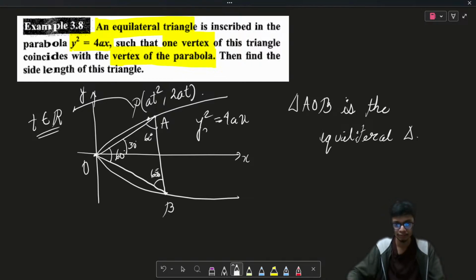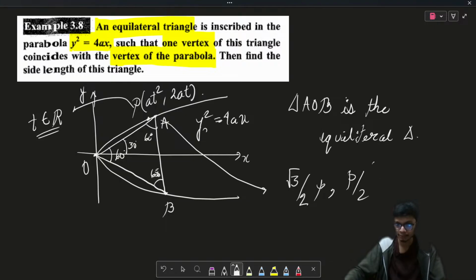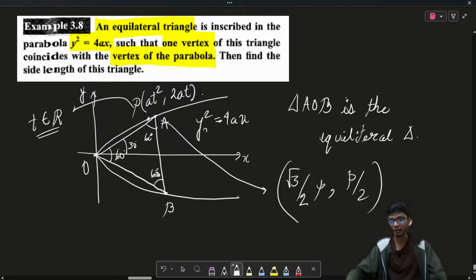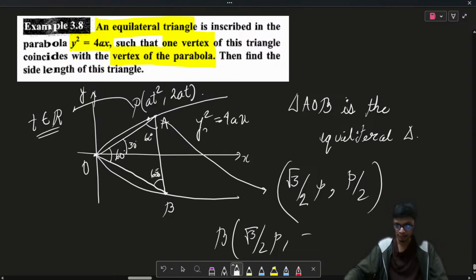So I can easily formulate point A, since its angle is 30 degrees, in terms of some parameter, that is (root 3 by 2 p, p by 2), right? So this is how we can represent the coordinate of A. In a similar manner, since the coordinate of B should lie exactly opposite of A, the coordinate of B can be given as (root 3 by 2 p, minus p by 2). So this is what we will have, right?